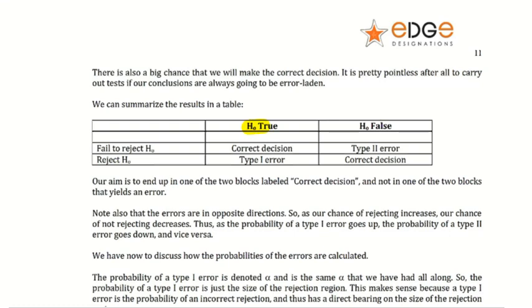Okay. Now, if the H0 is true, okay, let's just go back, and I just want to try and make it as easy as possible, okay, let's just say that my H0 is true.